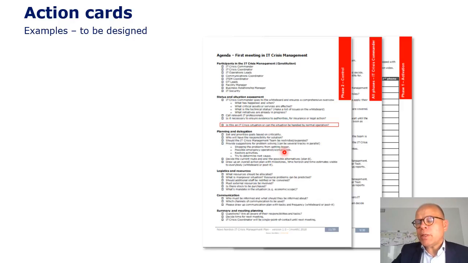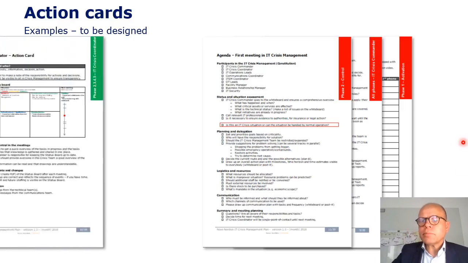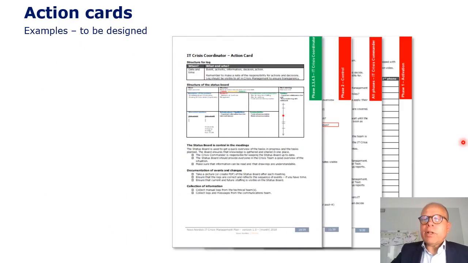That's why you don't skip things. That's why you go through things very methodically and consistently. Here you have an action card for the crisis coordinator with a representation of the whiteboard that he or she will follow.